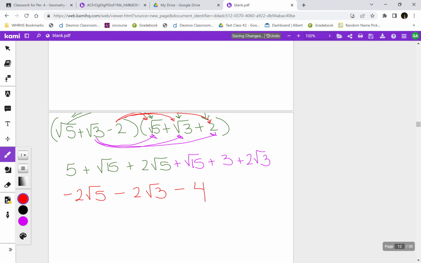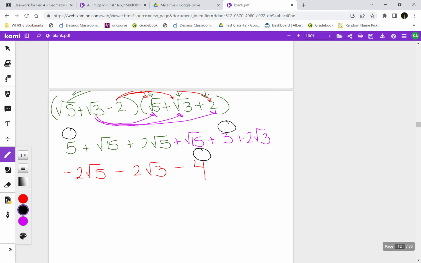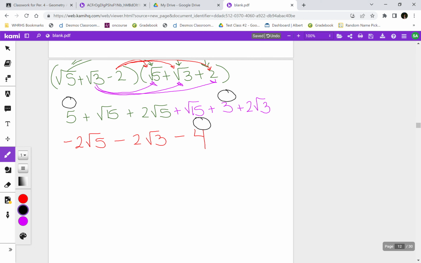So now when we're simplifying, do things cancel out here? Yeah, some things cancel out. What cancels out? Nobody sees things that cancel out? All right, let's go through this. Let's look at our like terms. 5 gets added with the 3, which gets added to the negative 4. So 5 plus 3 is 8, minus 4 is 4.